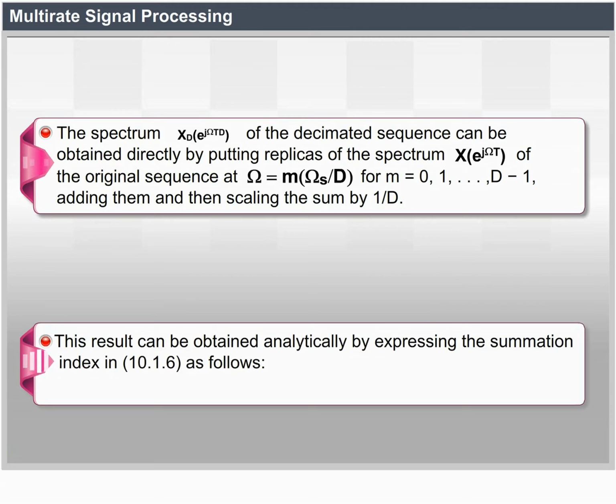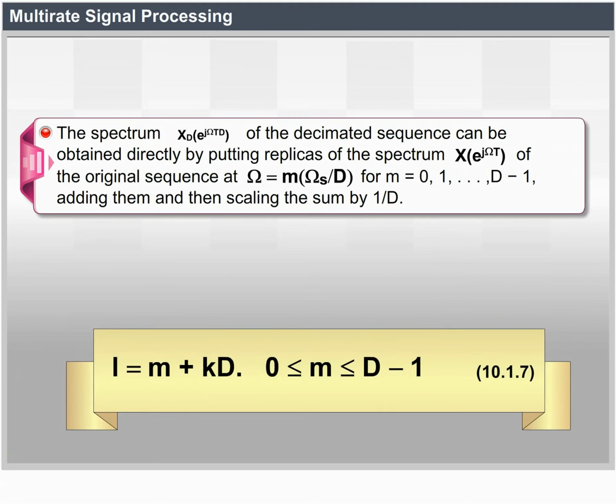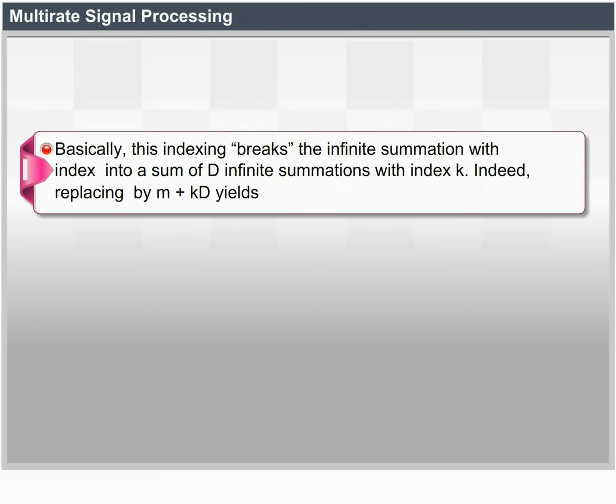L = m + kd, where 0 ≤ m ≤ d - 1, called equation number 10.1.7. Basically, this indexing breaks the infinite summation with index L into a sum of d infinite summations with index k.